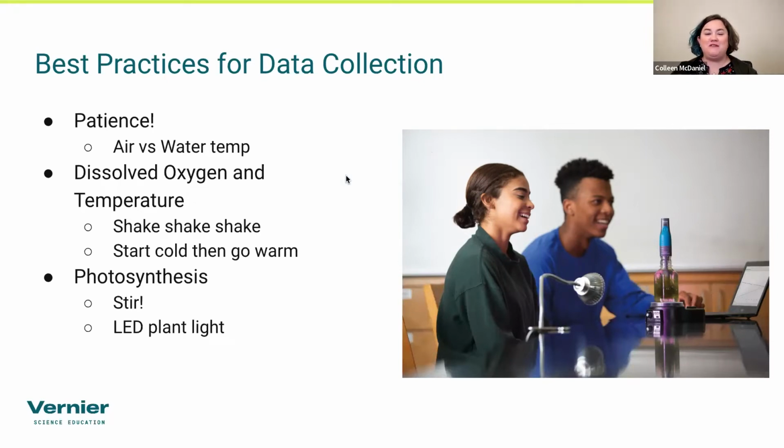Some things for specific experiments. The most popular experiment people do is looking at the relationship between dissolved oxygen and temperature. The number one thing that goes wrong with this is that I talk to people who are taking a beaker of water, setting it on a hot plate, and just measuring the dissolved oxygen as the temperature heats up.